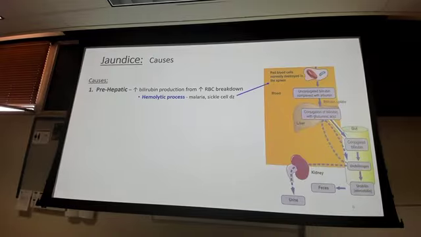All right, so when we have an increased amount of bilirubin being produced, we already talked about it. If your red blood cells break down, you're going to get that heme that turns into an indirect bilirubin.